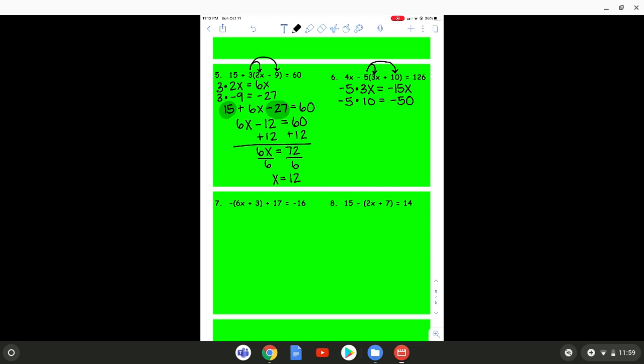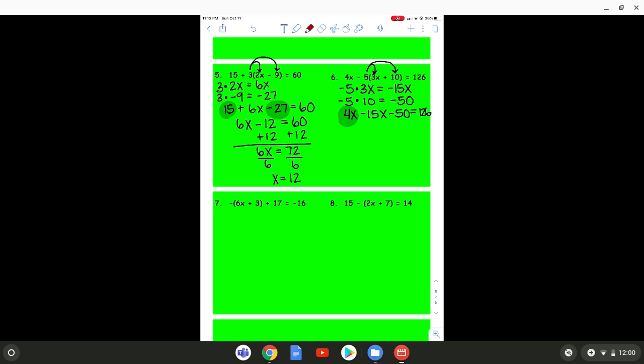So now I'm going to rewrite my equation now that I've distributed, and I'm going to have 4x minus 15x minus 50 is equal to 126. I'm then going to try to combine any like terms. So I see 4x, and I'm going to check to see if my x has any like terms.